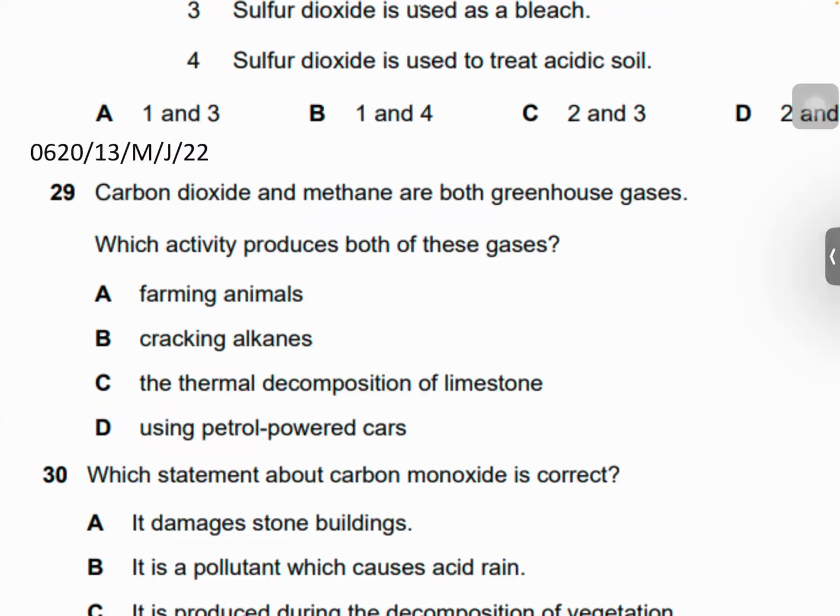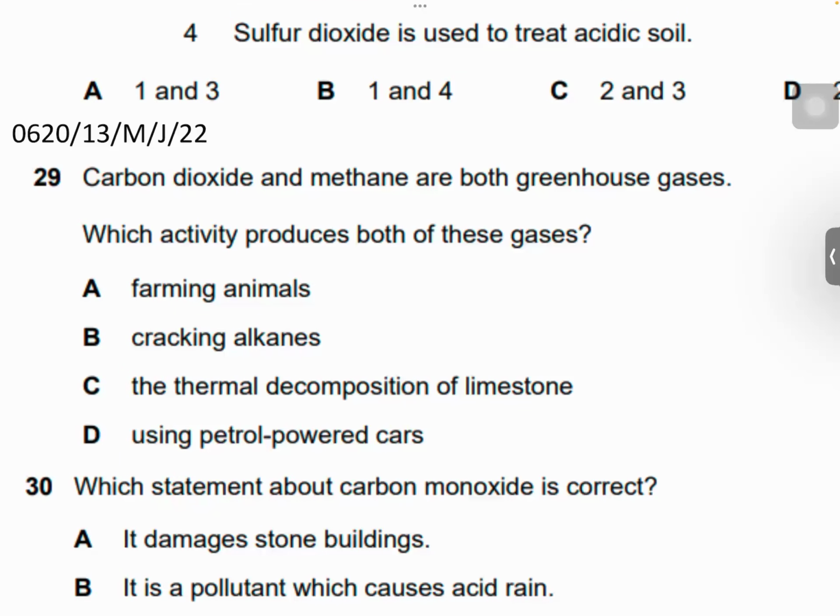Question 29. This is a good question. Carbon dioxide and methane are both greenhouse gases.